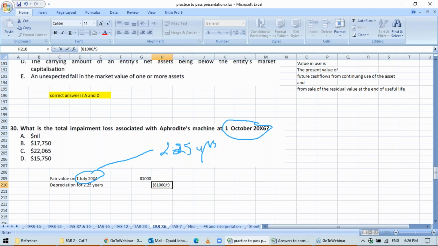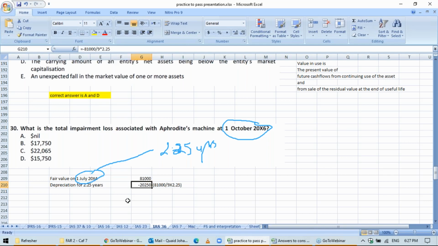Revaluation took place after 1 year's time, so the remaining life was 9 years. And now we need a depreciation for 2.25 years, so multiplied by 2.25. This gives you a depreciation of $20,250. After deducting this, we arrive at the carrying value.